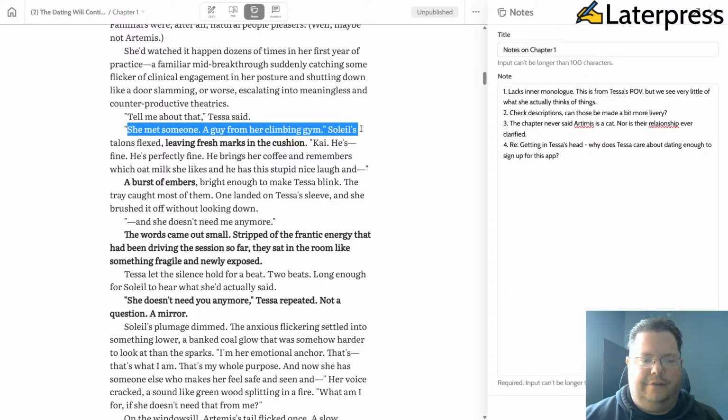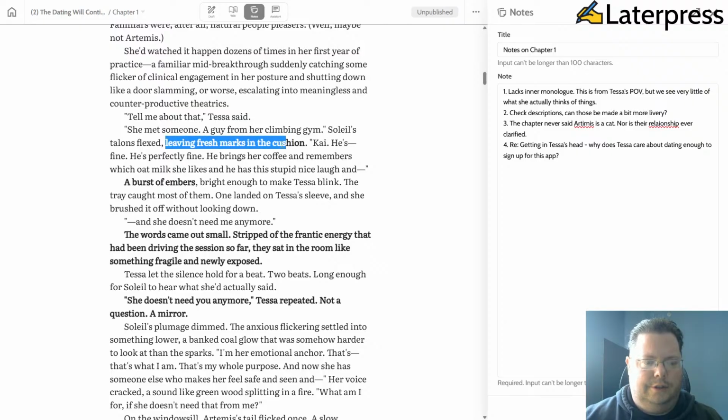Okay, she met someone, a guy from her climbing gym. Salil's talons flexed, leaving fresh marks on the cushion. I want to say that this bird has probably already left marks.